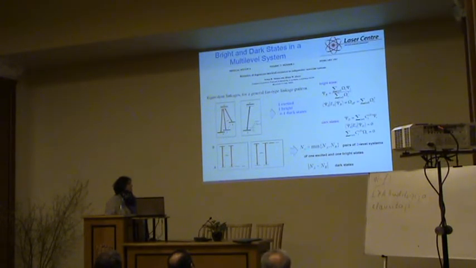Depending on the number of states in the upper and lower level coupled by the laser, the minimum of those numbers should be created as bright states, and the difference between the number of those states should be created as dark states. As Aigars told you, dark states are the ones which do not interact with the system, so you should see no fluorescence from them, and the bright states should be the ones that you see as peaks in the fluorescence spectrum.